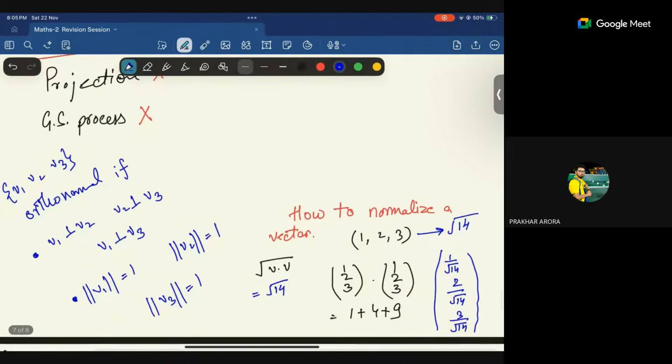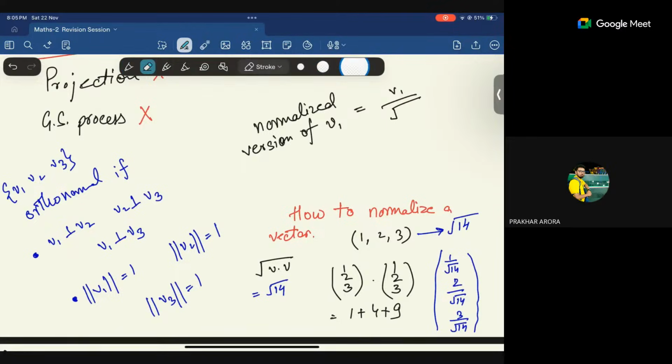To get the normalized version of v1, it is equal to v1 divided by the norm of v1. I said mod, but this is actually the norm. Is this clear?